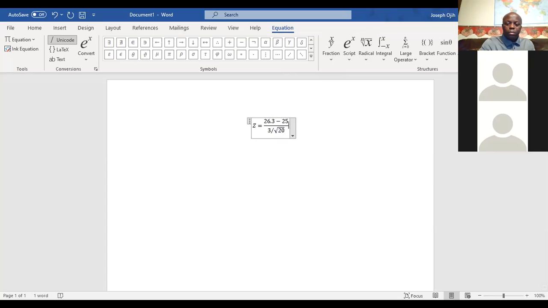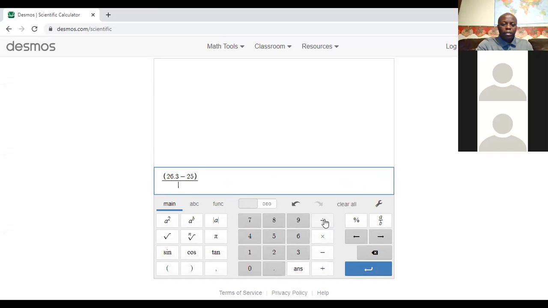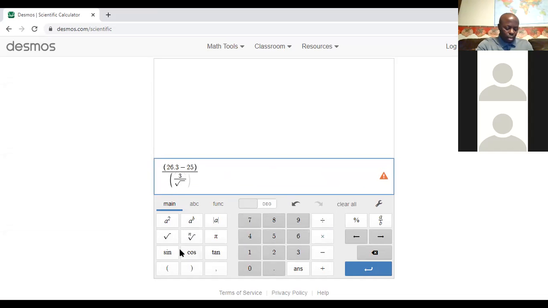Now we can put this in the calculator and get the answer right away. So we have sample mean 26.3 minus population mean of 25, divided by standard deviation 3, divided by the square root of n, square root of 20.